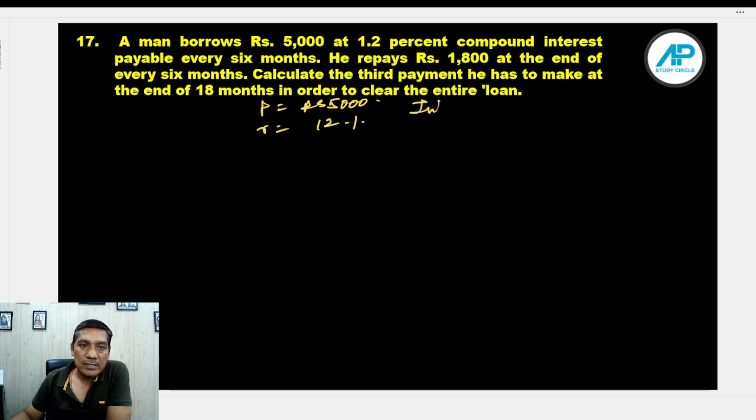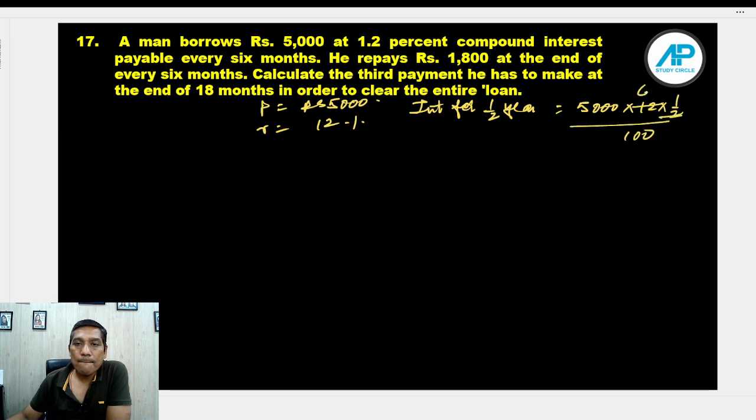I find the interest for half year. You got rupees 300, and the amount is rupees 5,300.